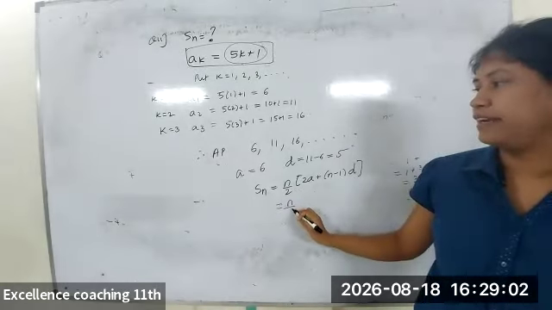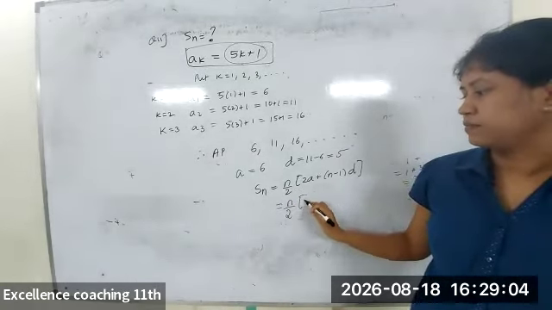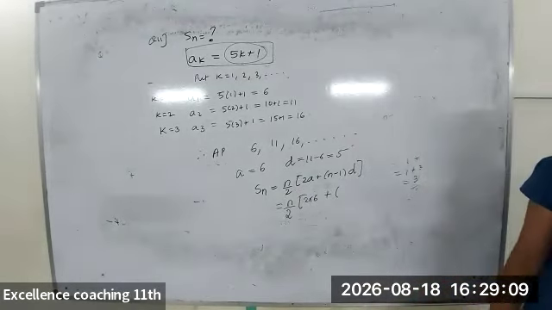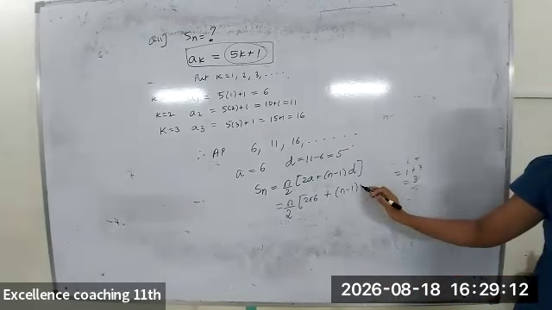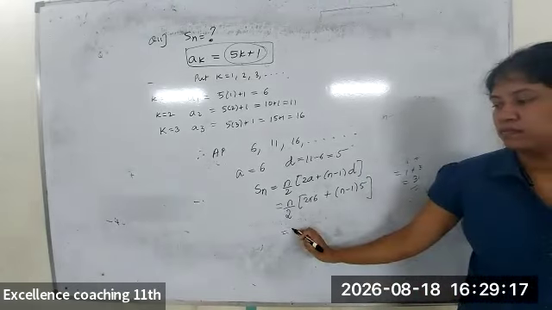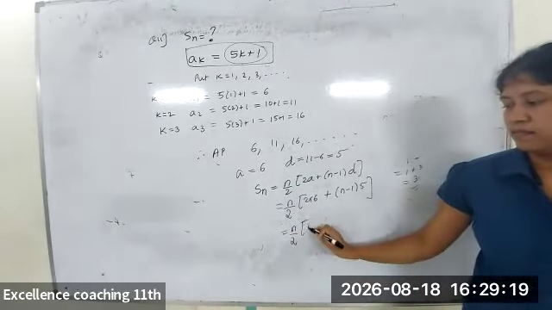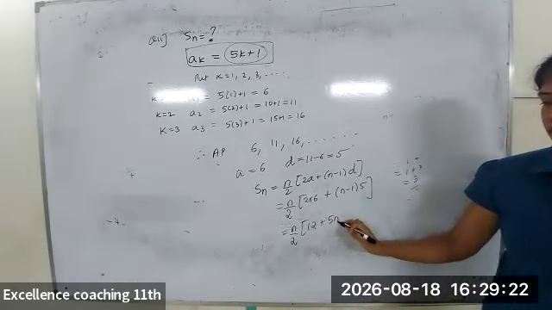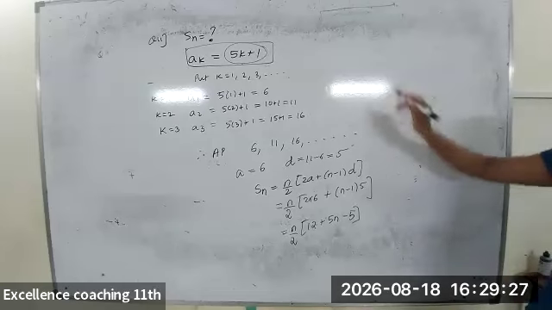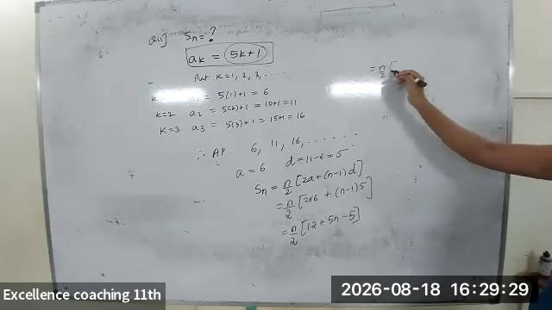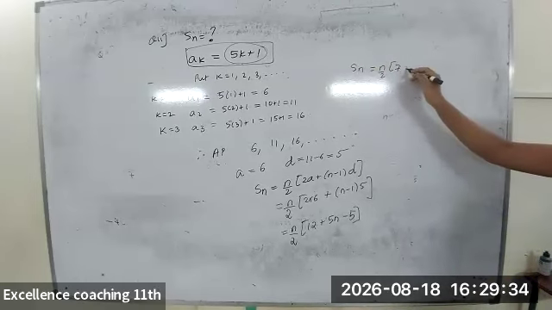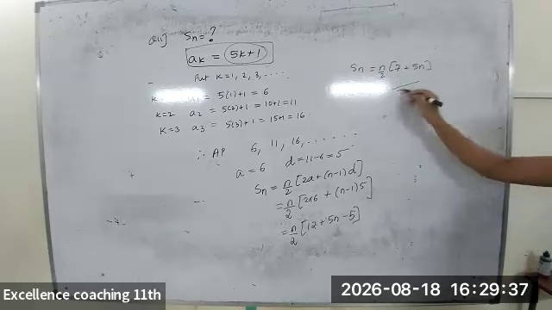Only put the value of a and d. Well, minus 5 is... So you can leave the answer like this.